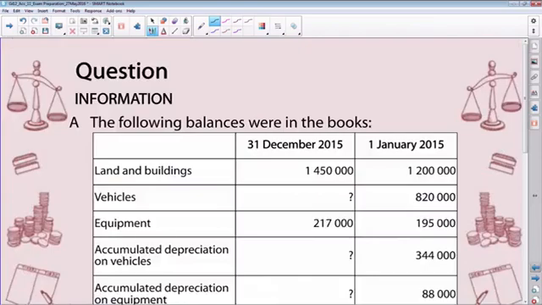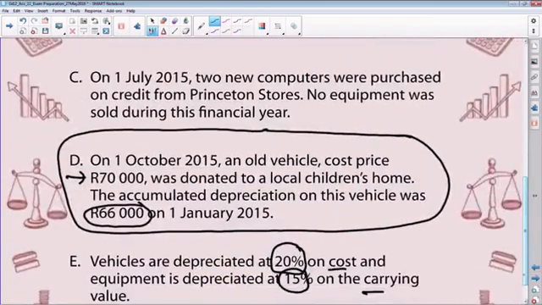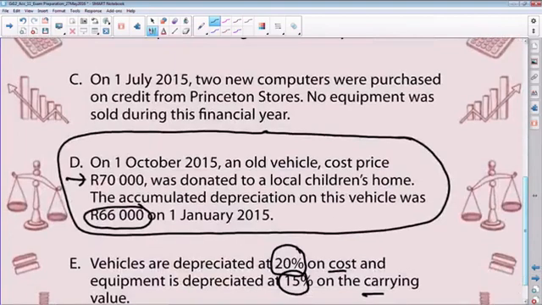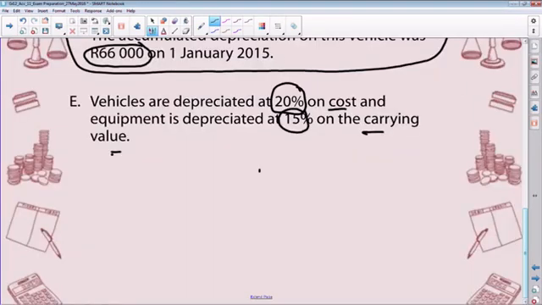Right, let's do that. In terms of my information, firstly, when was the vehicle disposed of? It was disposed of on the 1st of October, sometime during the financial year. This means you have to do a calculation. Do you remember? Whenever you are working with depreciation, you use ART: amount, rate, and time.